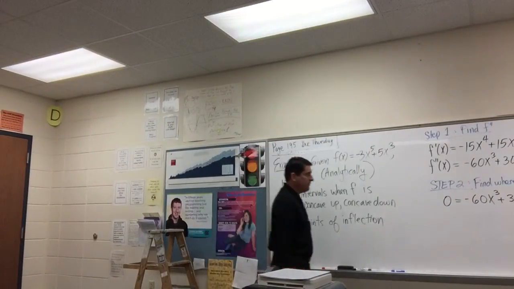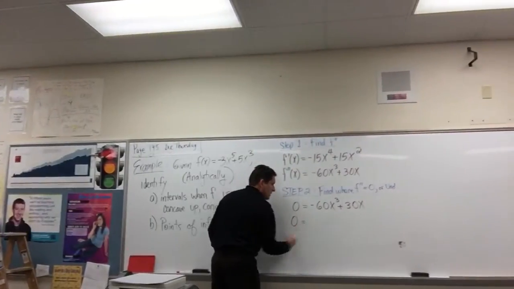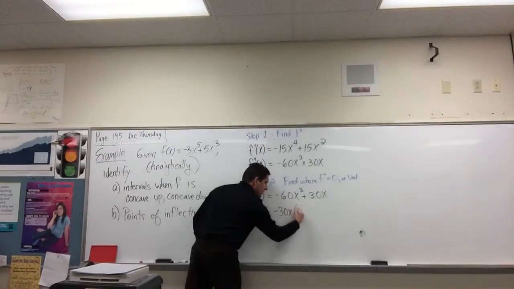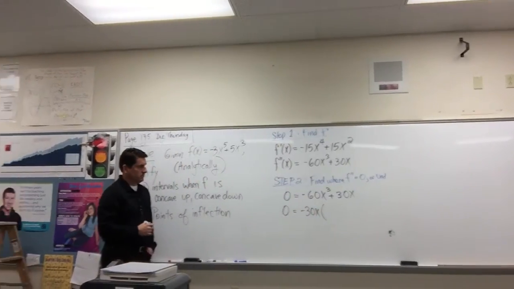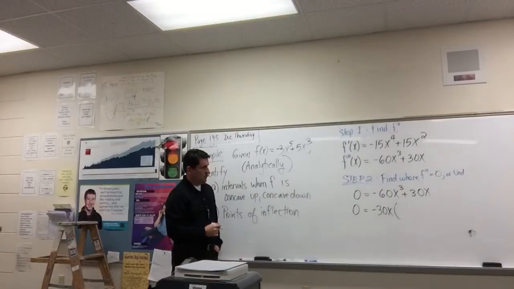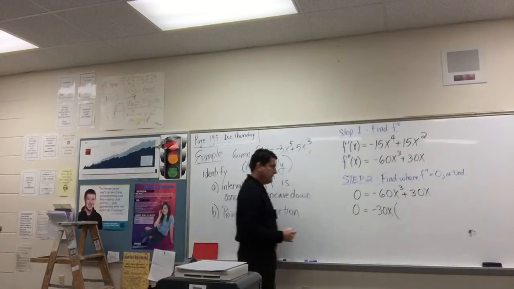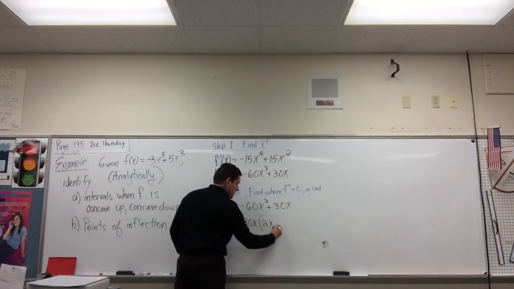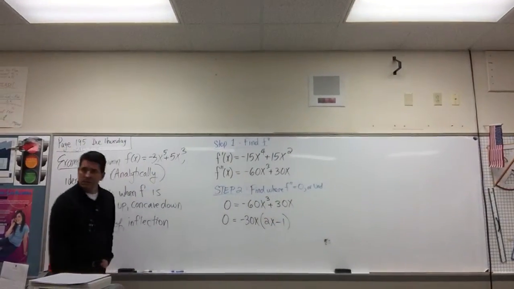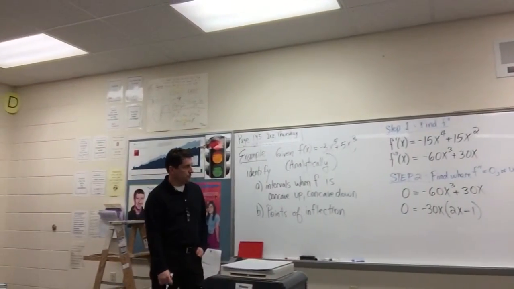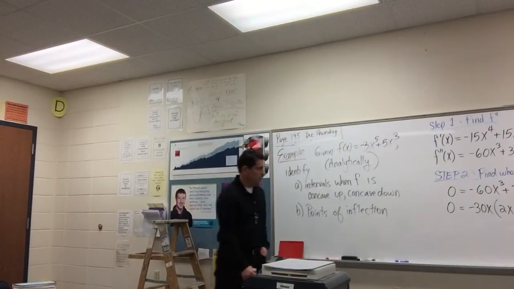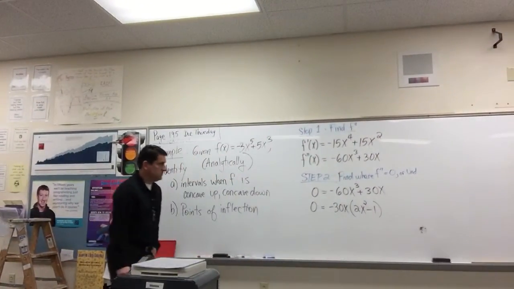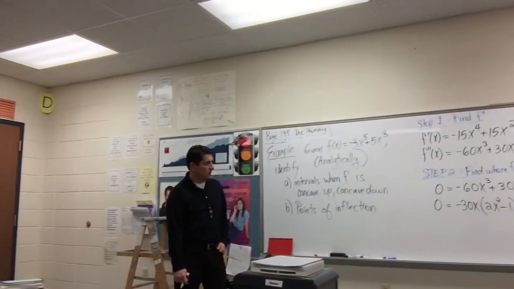All right, I think a little factoring would help. So I'm going to pull out a negative 30x. Negative 30x. That's going to give me 2x squared minus 1. No? 2x squared, I forgot the square. That gives me, correct.